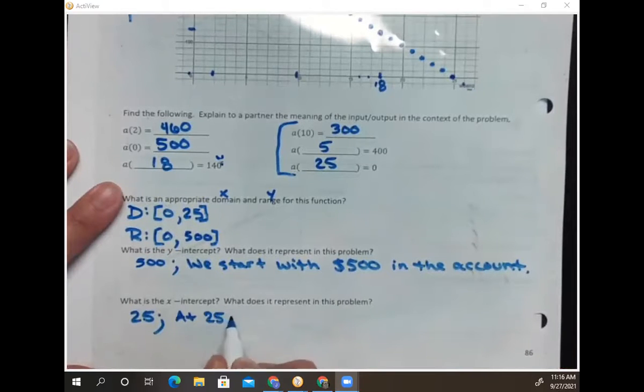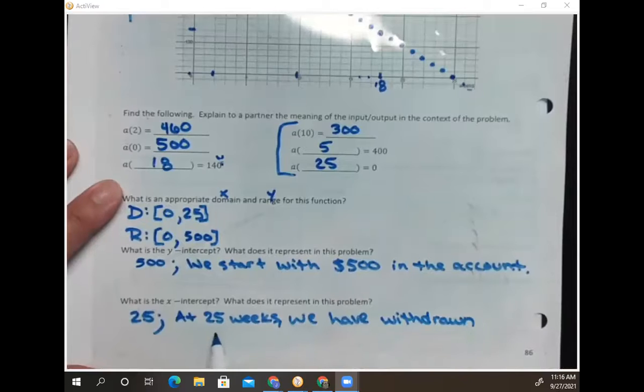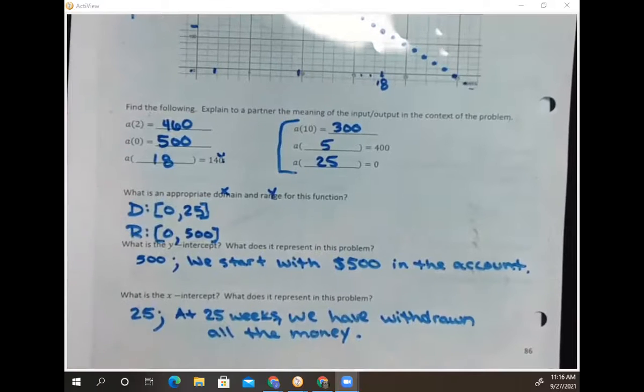At 25 weeks, we have withdrawn all the money. Or at 25 weeks, we have $0 would be another way I could phrase that. Question for me on page 86?